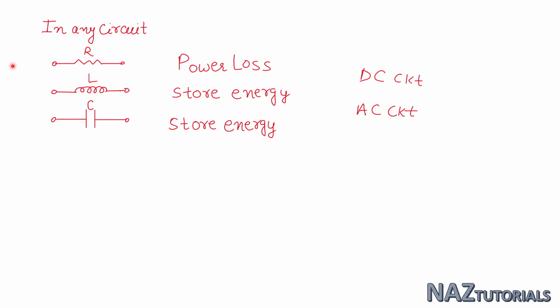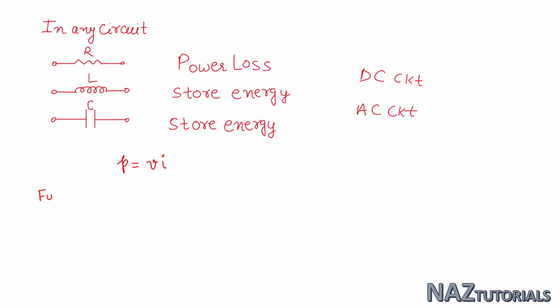So let's see. The power loss in any circuit is defined by the simple instantaneous power, that is P is equal to V into I. And you know the power loss is associated with the element resistor.